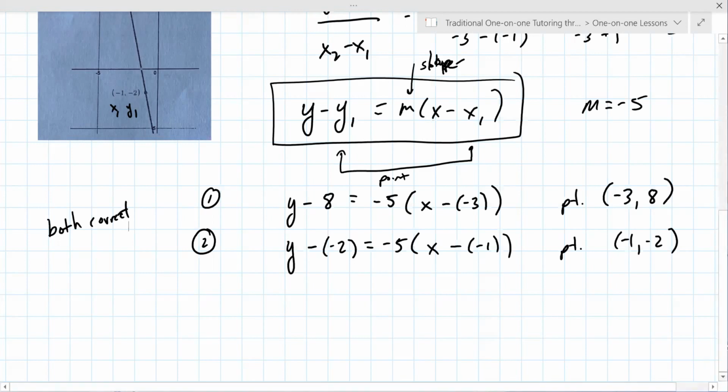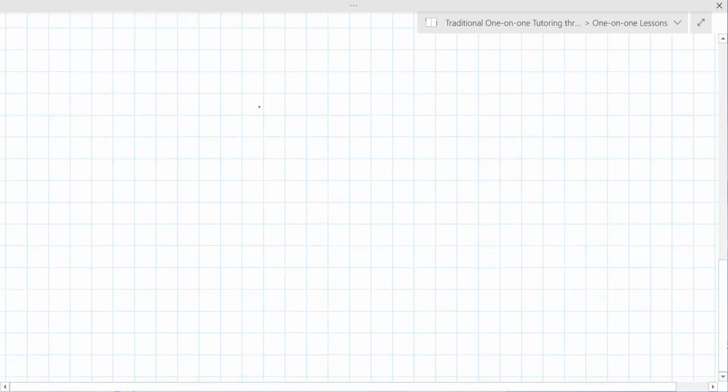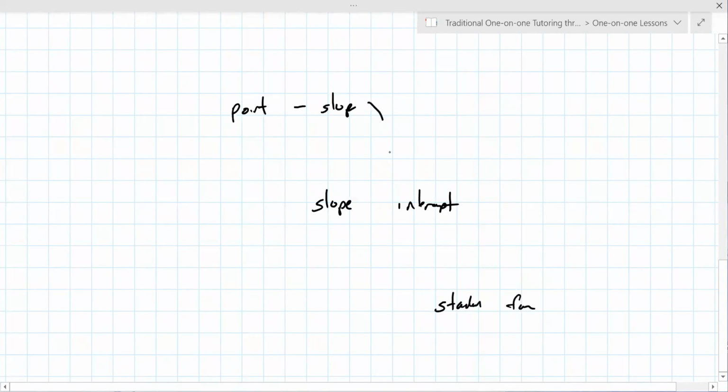Let me back up here. So there's three forms of a line: point slope, slope intercept, and standard form. And point slope leads to slope intercept leads to standard form.